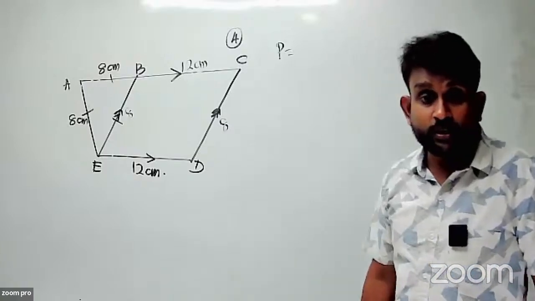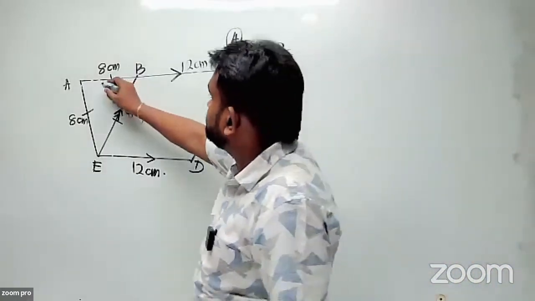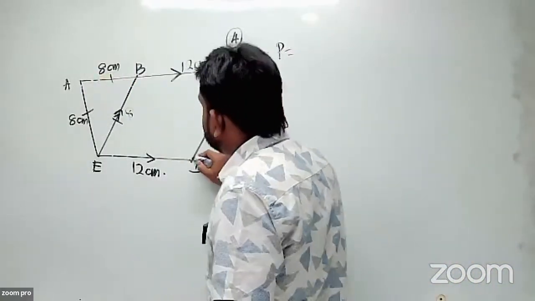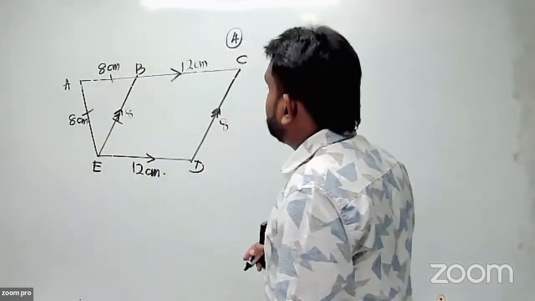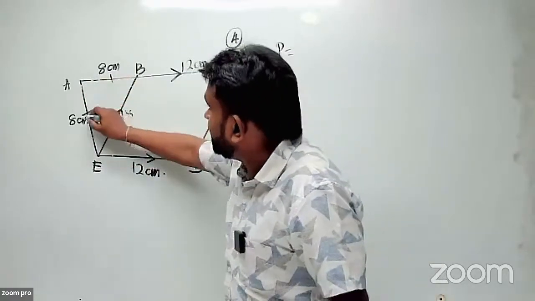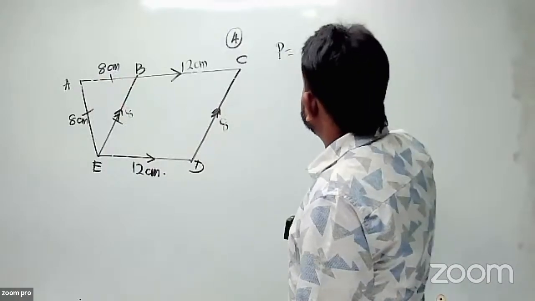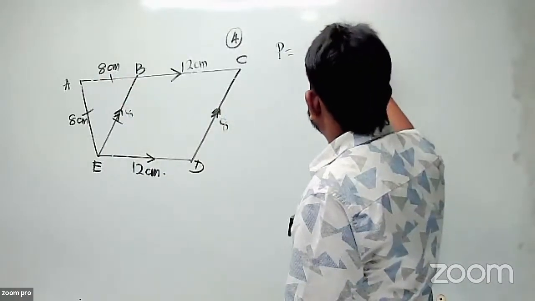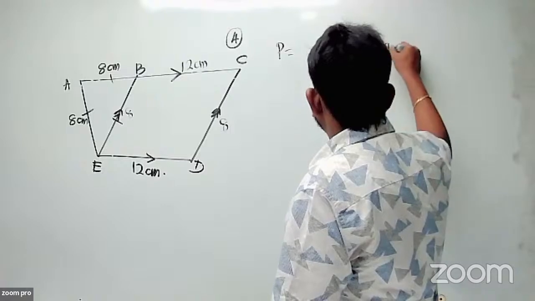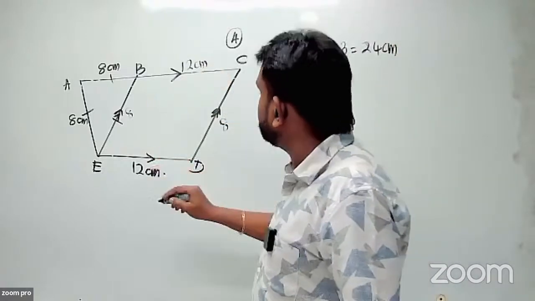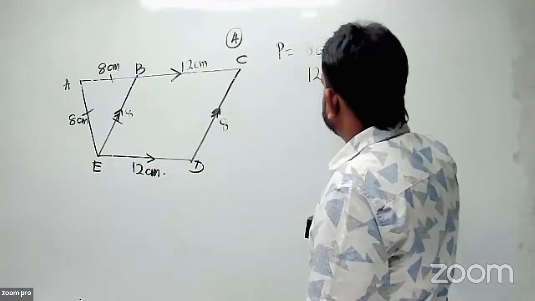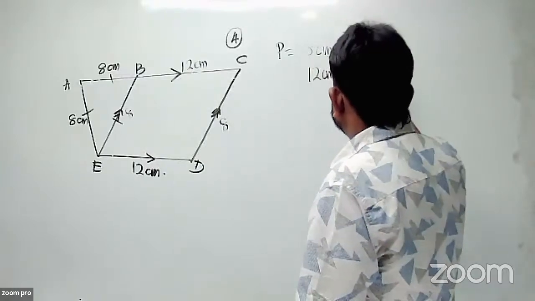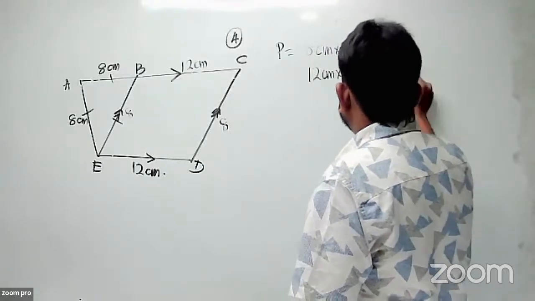So perimeter equals the sum of all the lengths: 8, 12, 8, 12, 8. How many 8 parts are there? 8, 8, 8, 8 gives you 24 centimeter. And how many 12 parts are there? 12 centimeter two times gives you 24 centimeter.